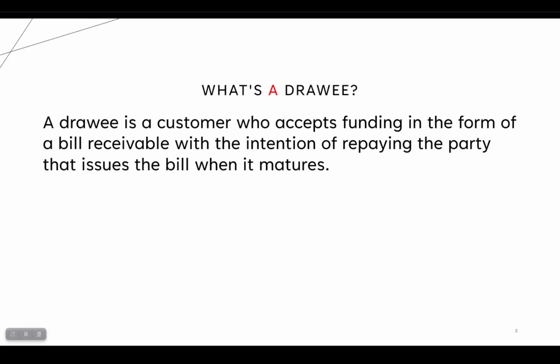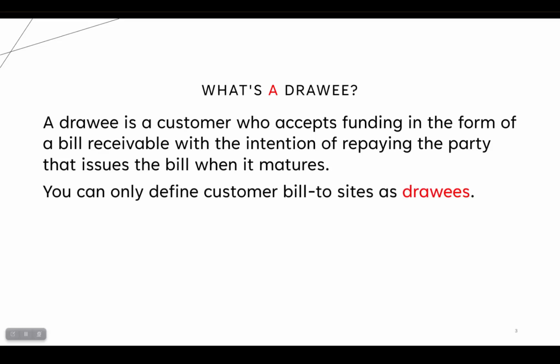This is the drawee. You can only define customer bill-to sites as drawees. What does it mean? As you know, in general, when you define customers, you define the site purpose, like bill to. There is a list there: bill to, ship to, drawee, and so on.